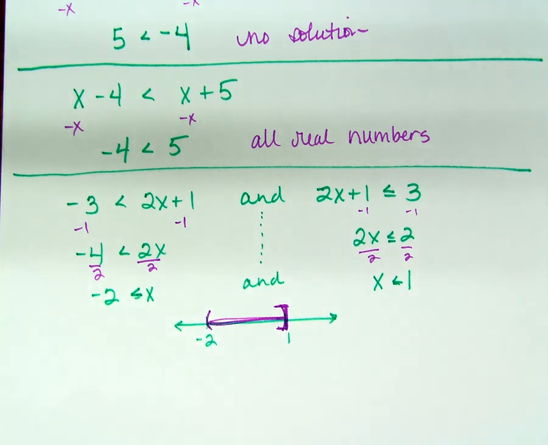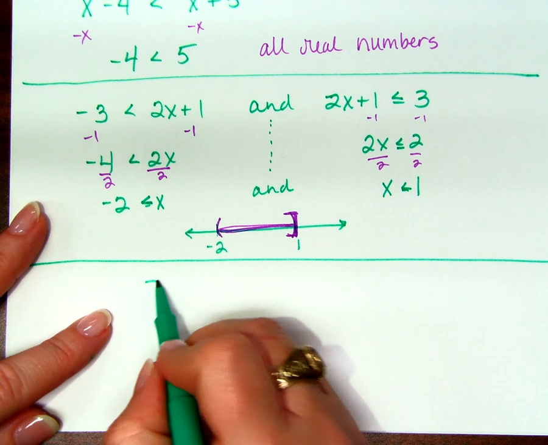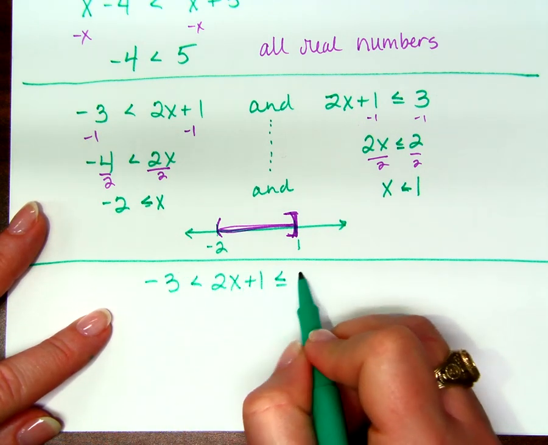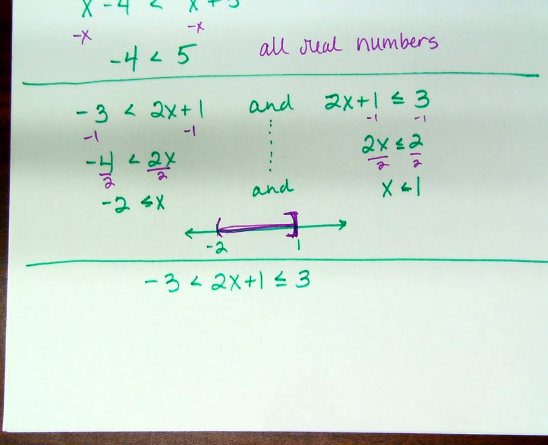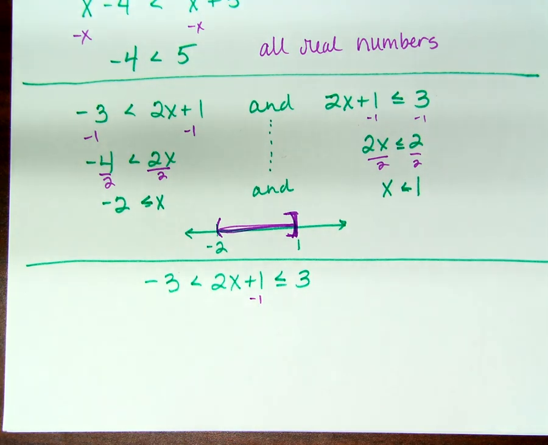Okay? But see, there's another way this kind of problem can look. The other way it can look is like this. I can actually have two inequality signs in my problem. So when I go to subtract 1 from both sides, quote unquote, both sides, that's what we've always said, right?